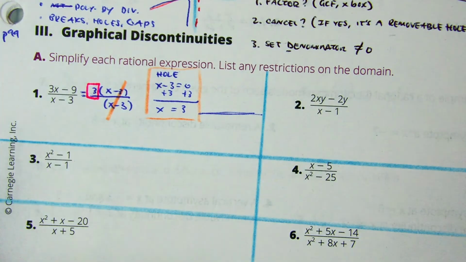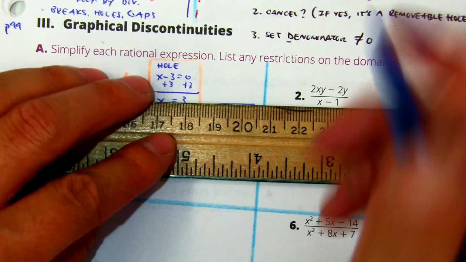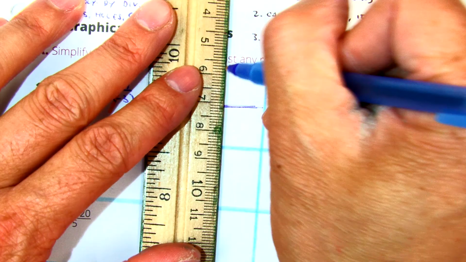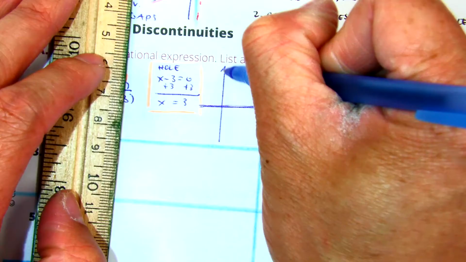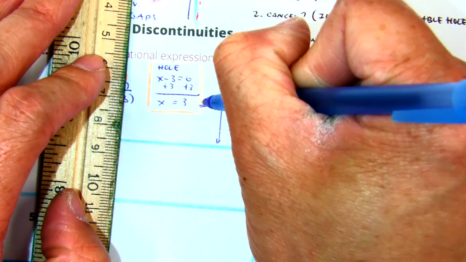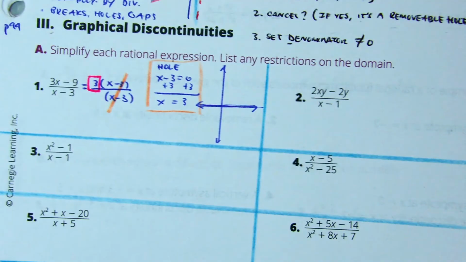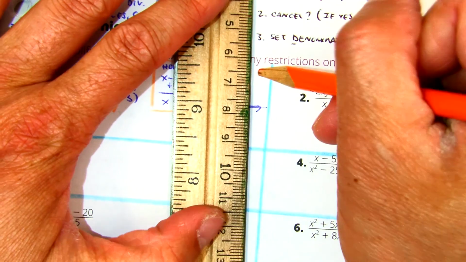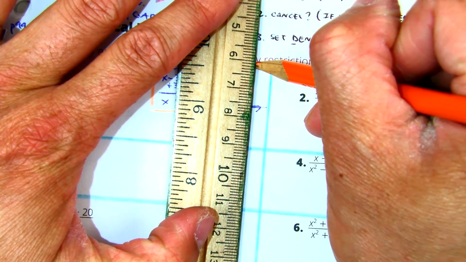Tending to precision, let me draw a ruler. See what's going to happen at x equals 3. Something's going to happen at this orange line.